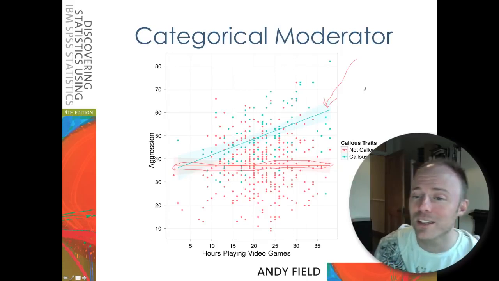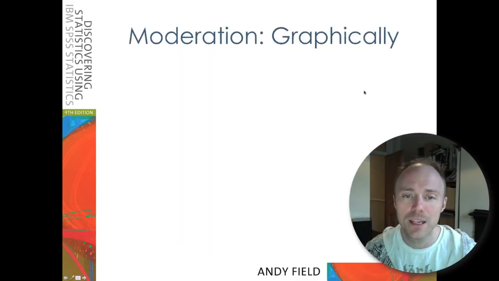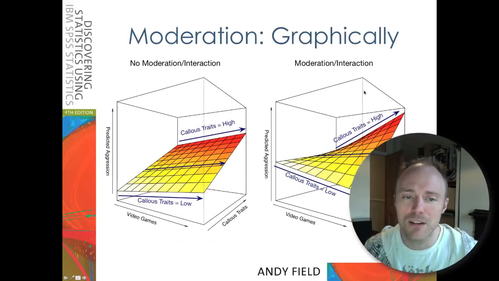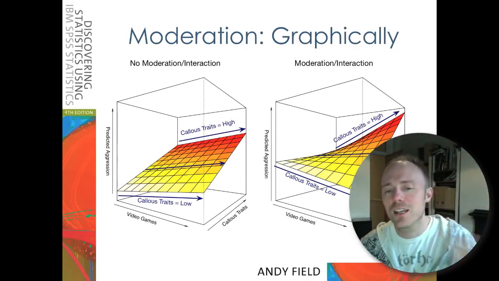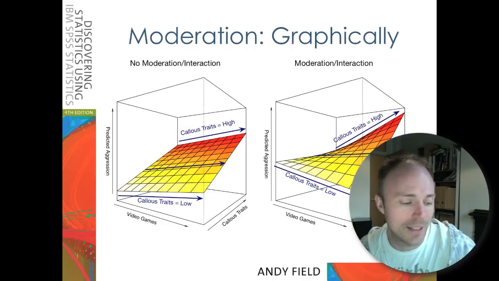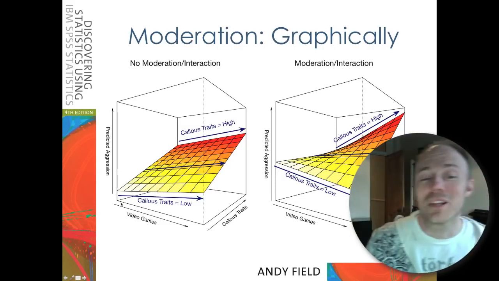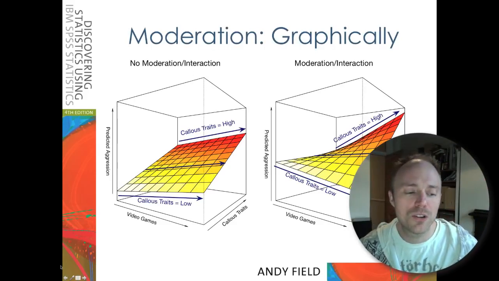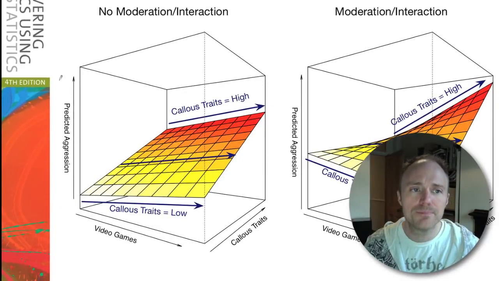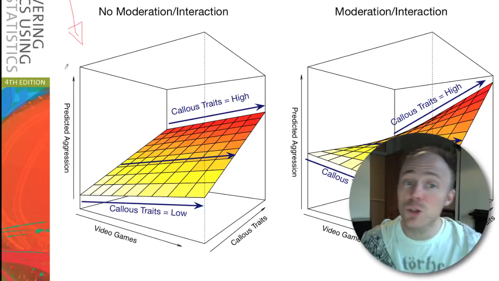Now, the more complex way to look at this is if we imagine that callous unemotional traits are measured on a continuum. We can display this graphically like this. I should say this diagram took me a whole day to create, which I'm not sure what that says, but anyway. On the left-hand side of the screen, still using the left hand there, we have a situation of no moderation.